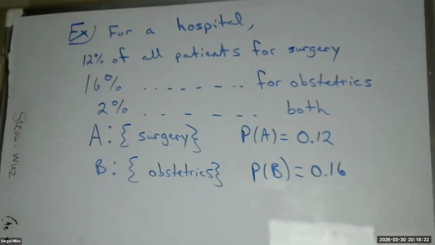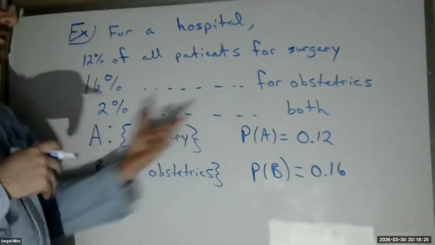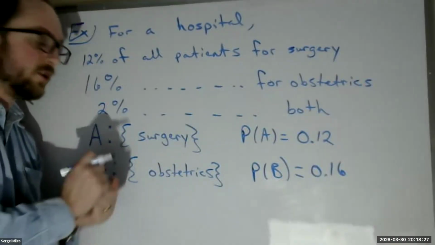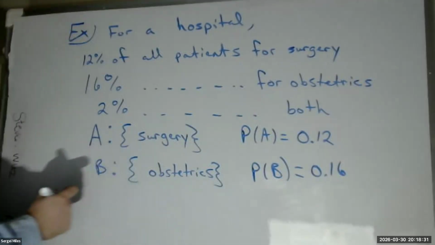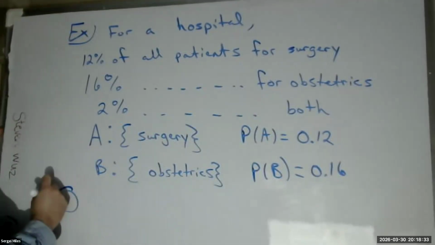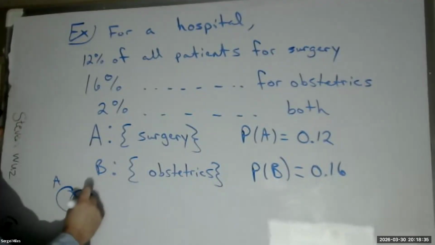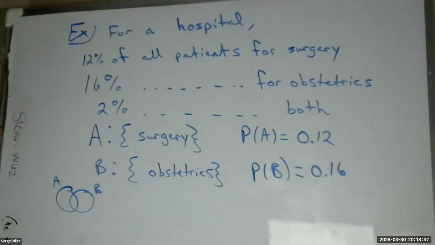And then if we're talking about both, well, that's also given. But what does both mean in terms of set theoretic operations? If I have a set A, and this is surgery, here's my set B, that's obstetrics. The both, those are people who are in the intersection between the two sets.